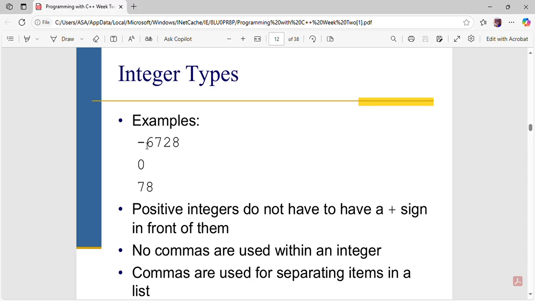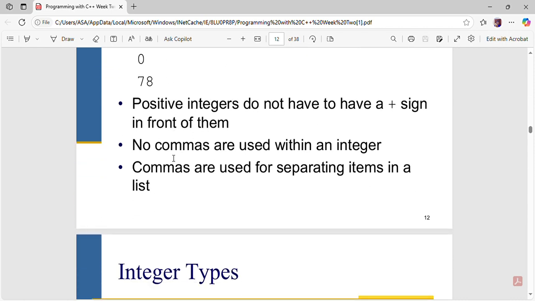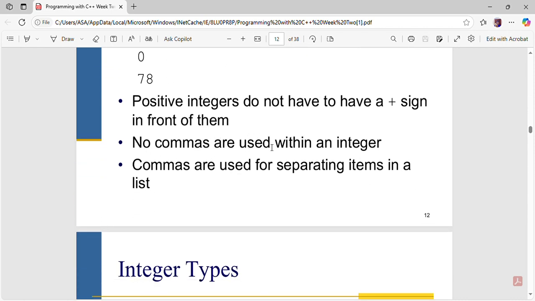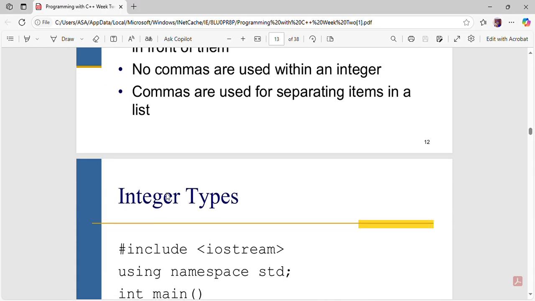It's only when negative that we have to attach the minus sign to it. No commas are used within an integer. Commas are used for separating items in a list.